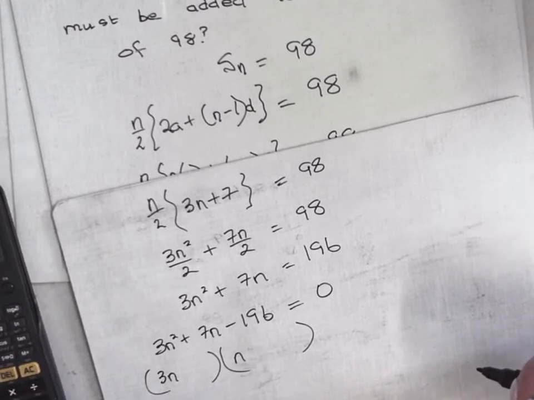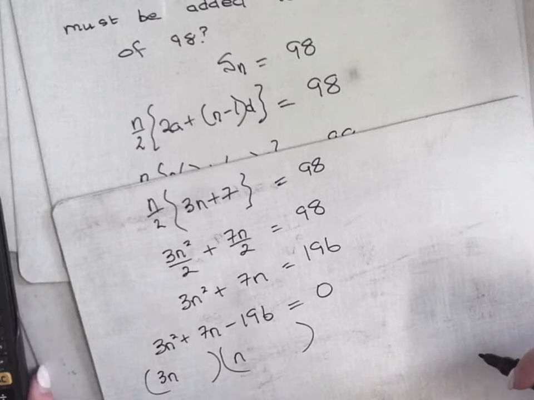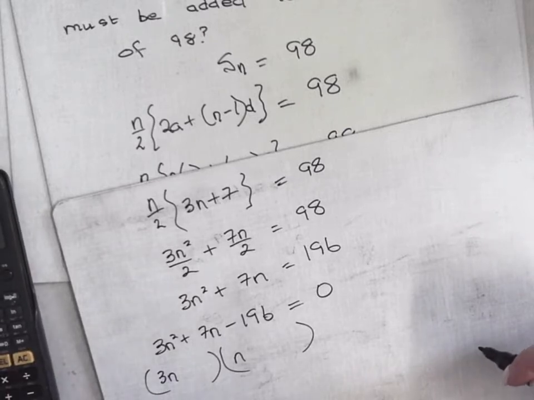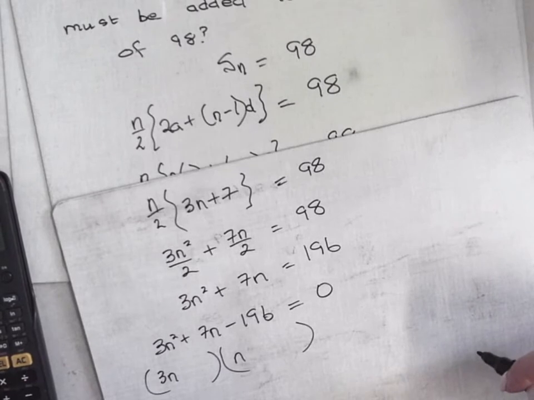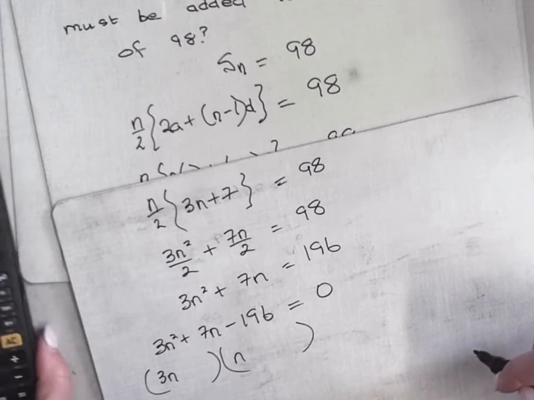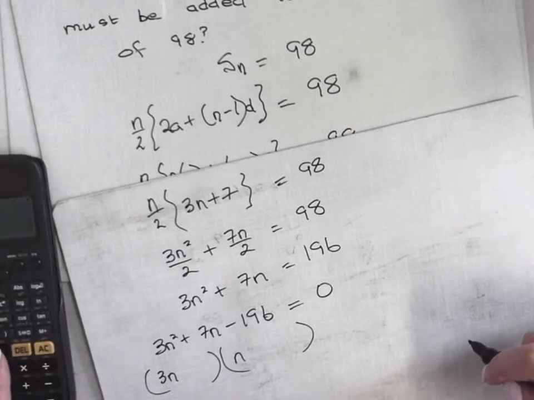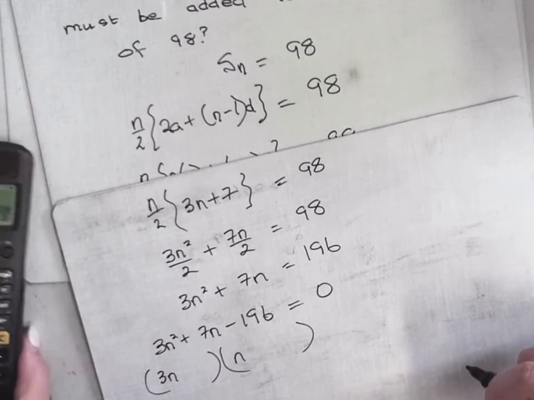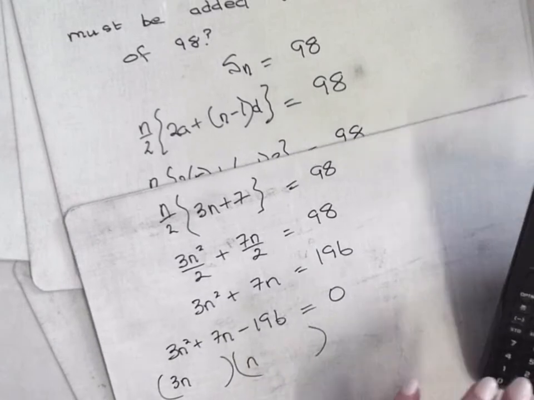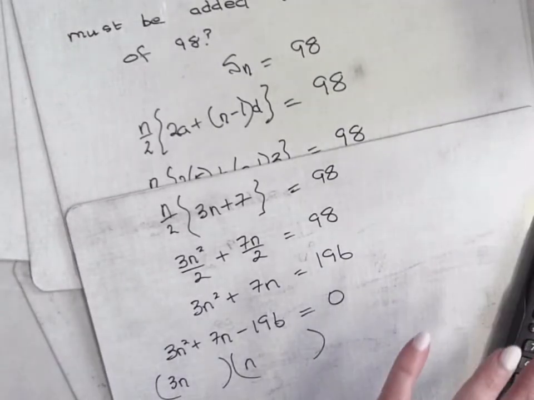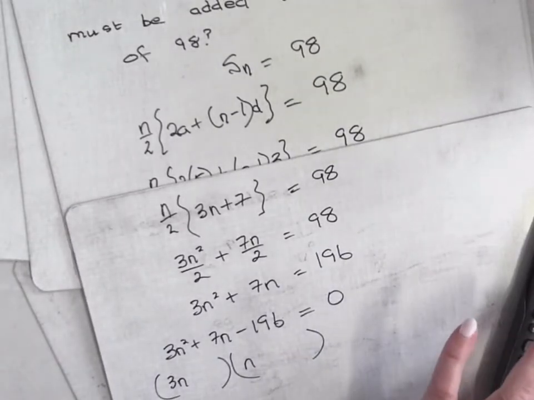196 divided by... Probably faster doing the minus b formula. Does anyone have any suggestions for the factors there?